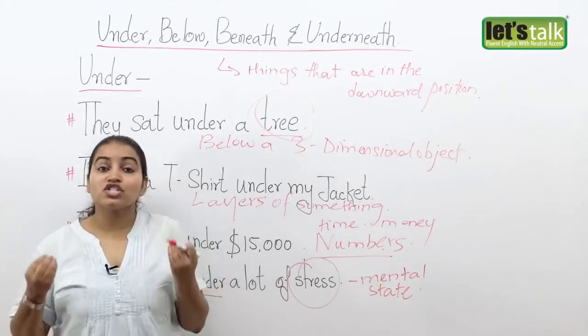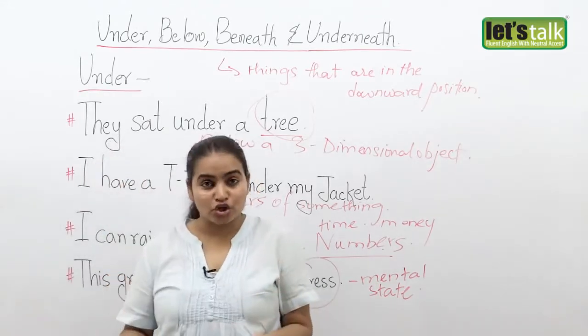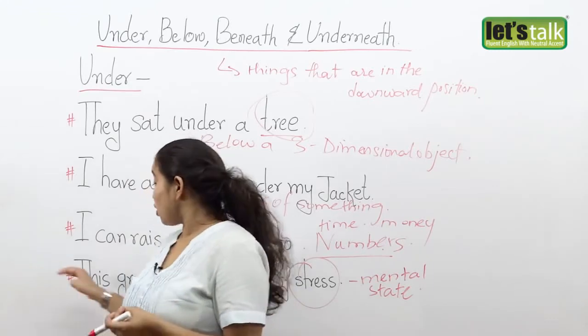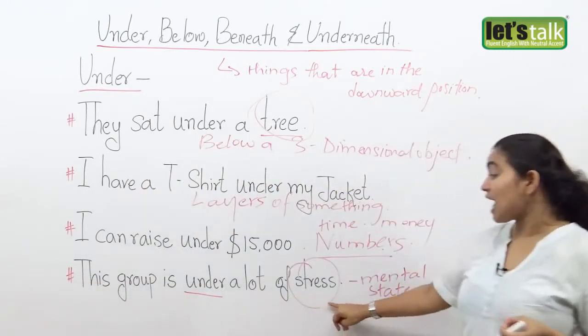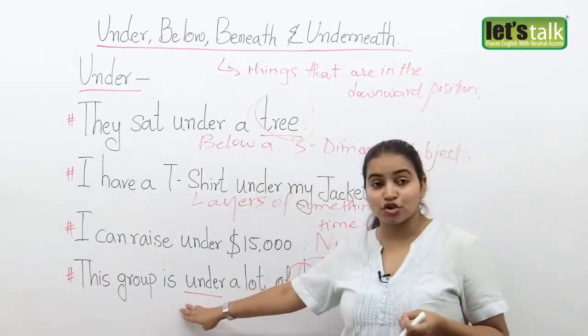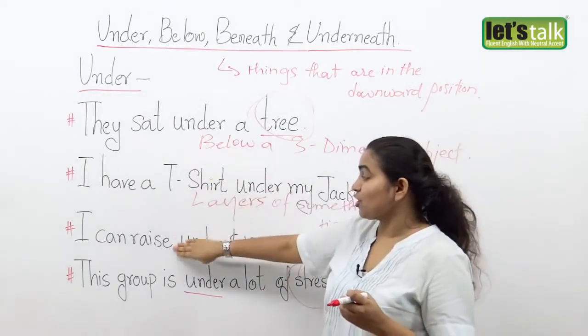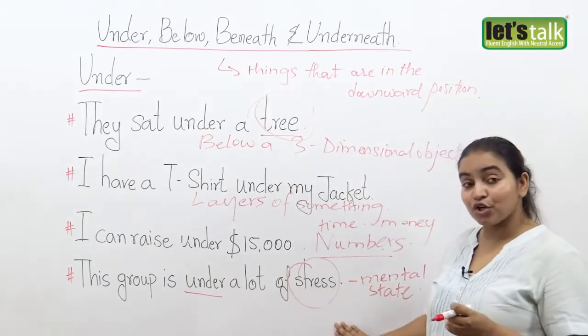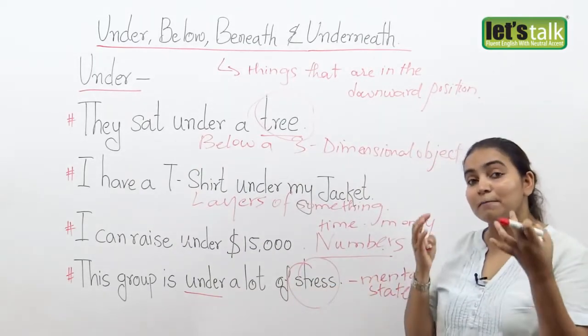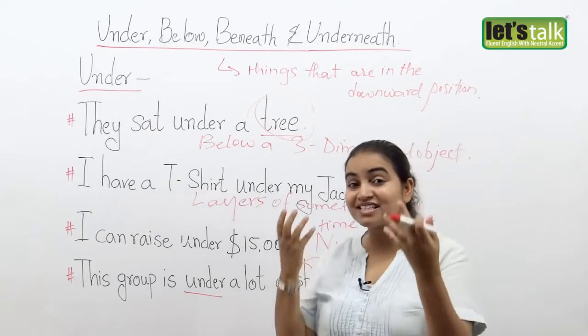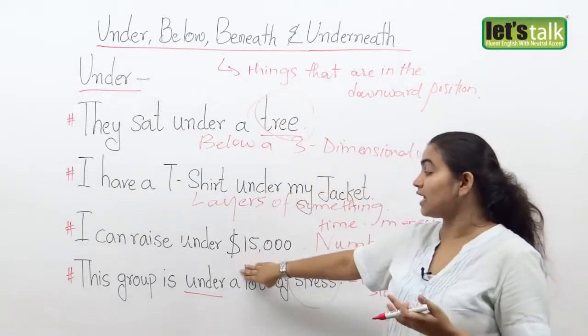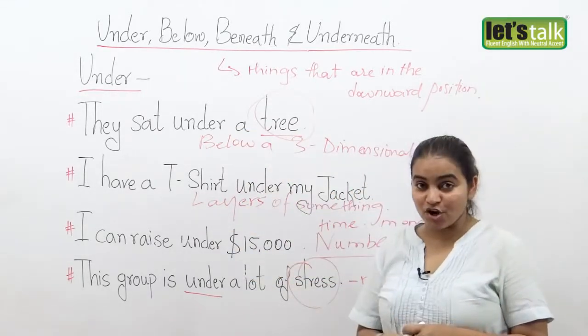I can say that I was under a lot of pressure. So we're talking about a mental state, and that is when I use the word under. So here, please notice that unlike these, the under used here is talking about a mental state, and not a physical state like these three sentences are.